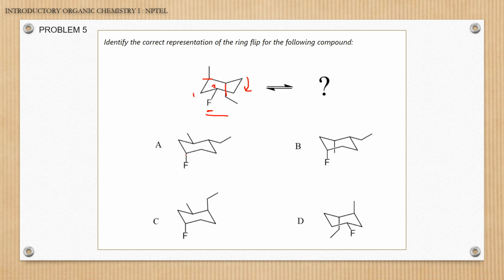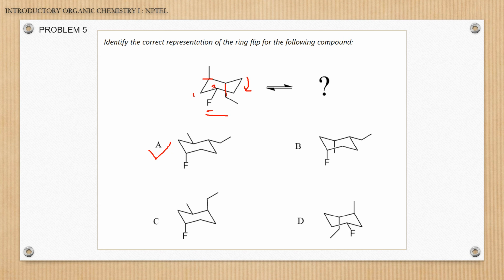Now this fluorine which is equatorial will go to axial, and this axial ethyl group will go to the equatorial position. So that is why the substituents are flipping with the ring. So here the correct answer should be A, because all the groups are now flipped according to the ring flip.